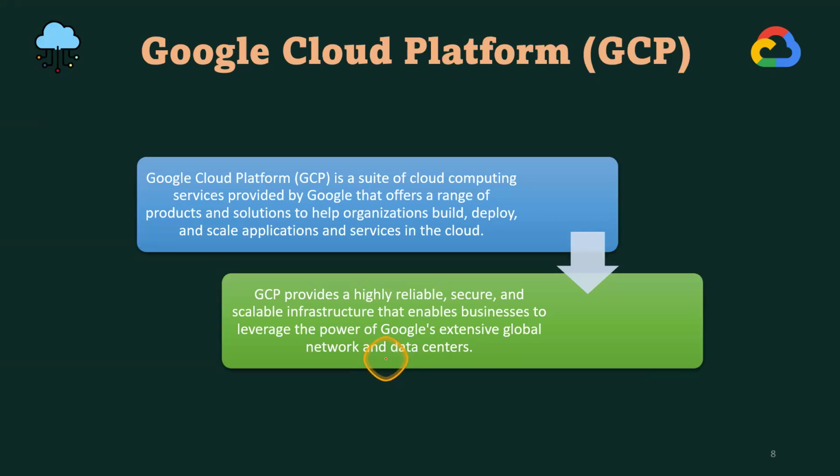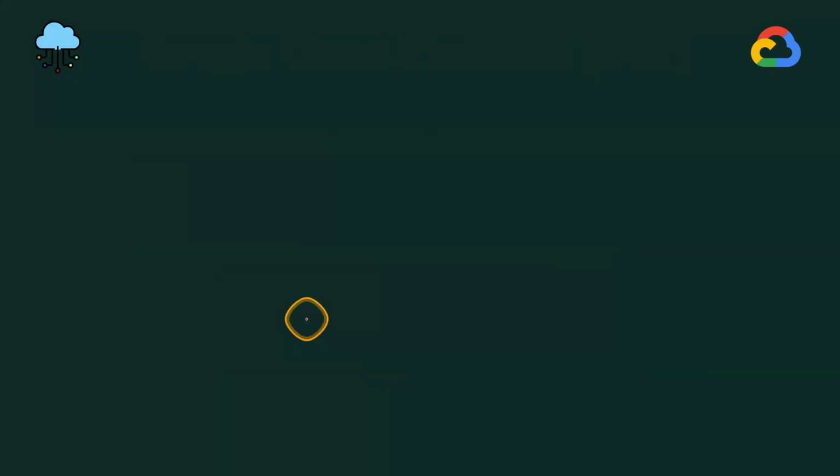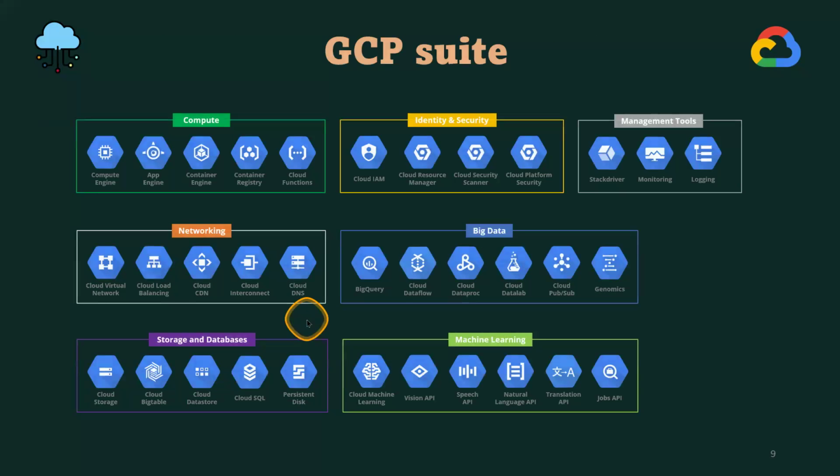Google Cloud Platform is a leading cloud provider which provides cloud computing services that are very useful for organizations to build the application, deploy the application, and scale the applications and services in the cloud platform. And this service is highly reliable, secure, and scalable. And what are those services, if you ask me?